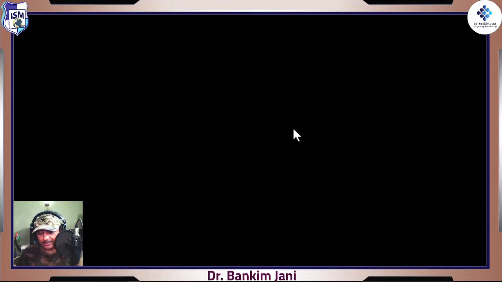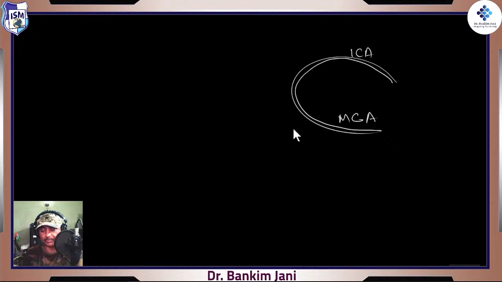let's go for the circle of Willis. Very quickly, we draw like this. This is the internal carotid artery and it would be continuing itself as the middle cerebral artery, so we draw it big. It gives one branch, this is the anterior cerebral artery. Then it gives one, this is the posterior communicating artery.